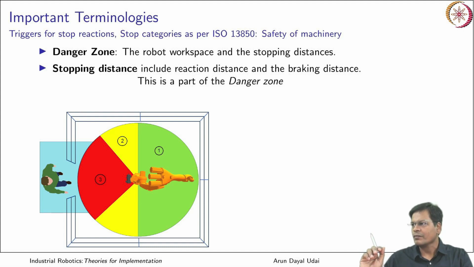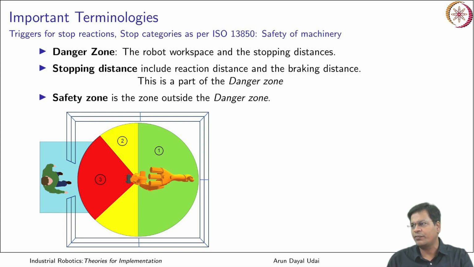Robot workspace is the front one. It may be possible that the first axis goes more than 180 degrees as it is marked in this. So it can further increase also. It can sometimes be software limited to not move beyond this boundary. This is the stopping distance. Finally, the safety zone is the zone outside the danger zone.